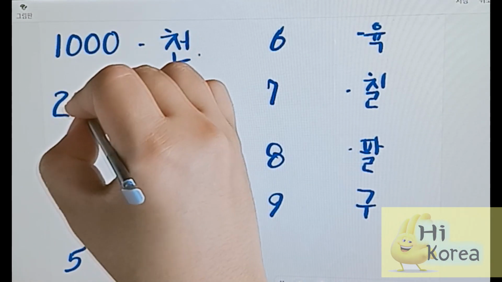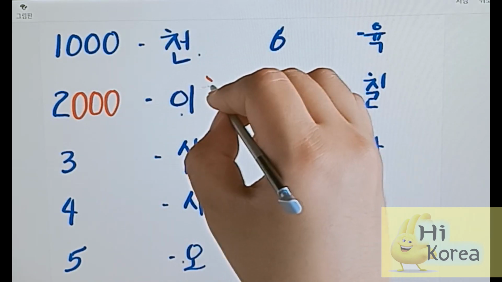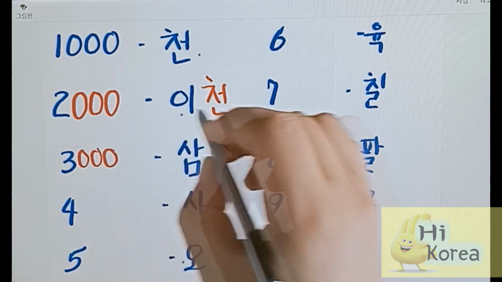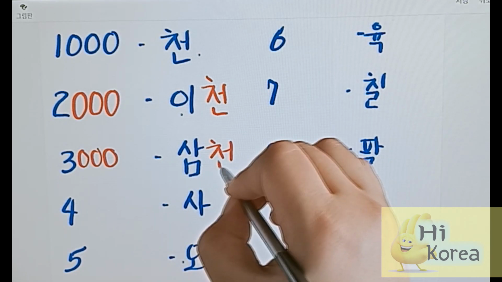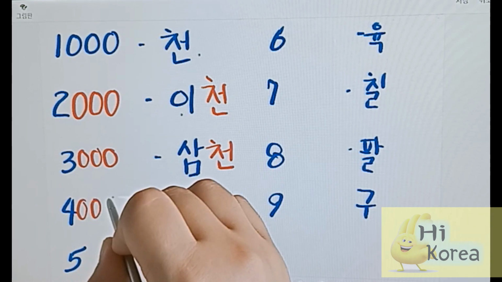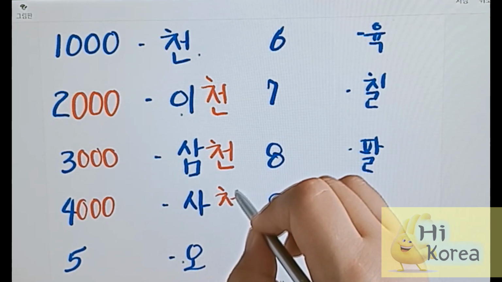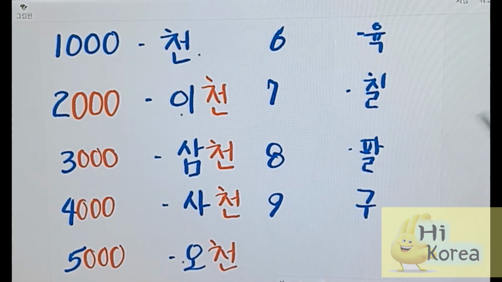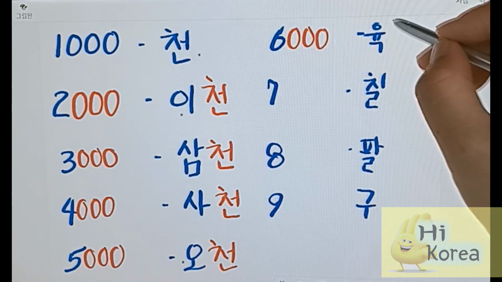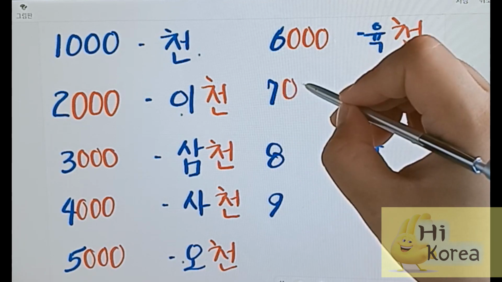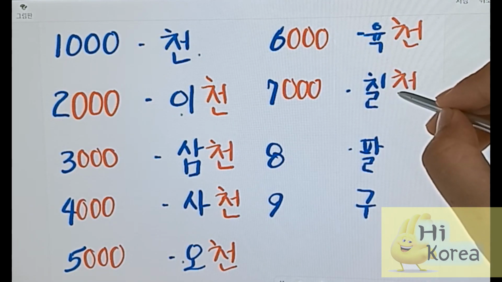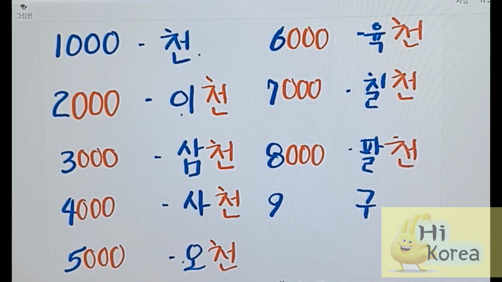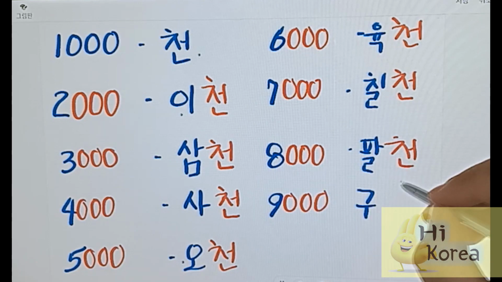Okay, 1000. 2000, 3000, 4000, 5000, 6000, 7000, 8000, 9000.